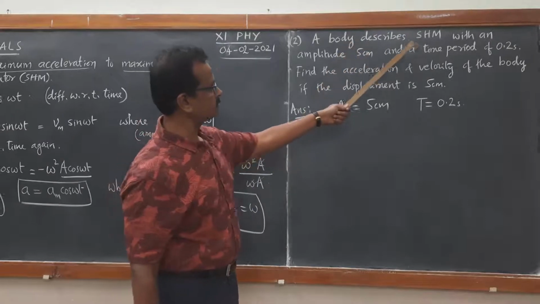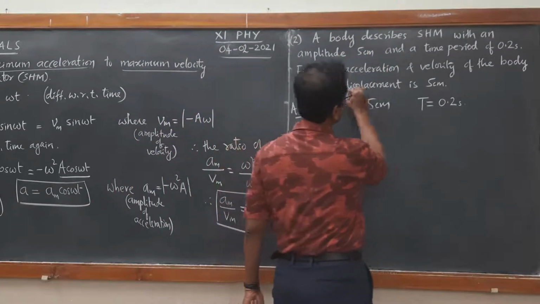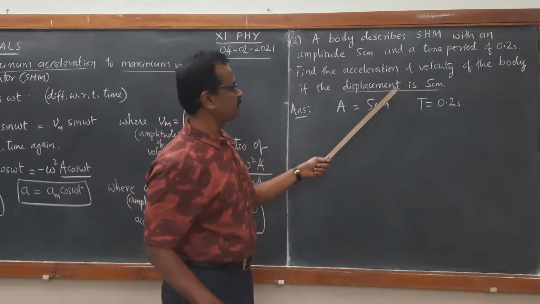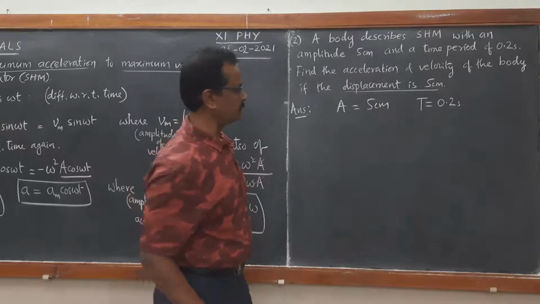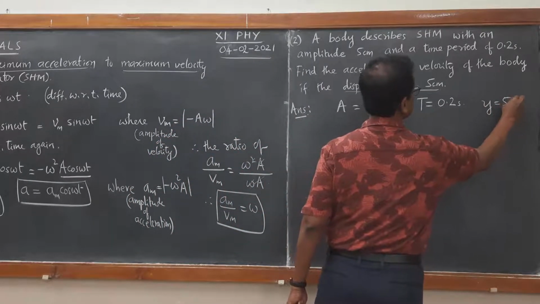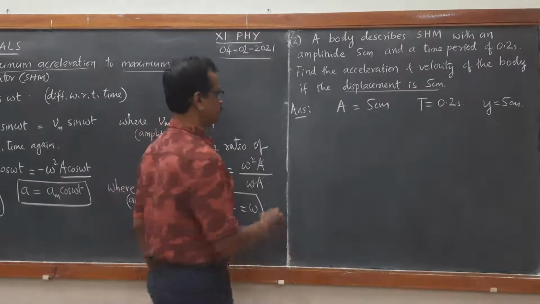So it describes simple harmonic motion, and what is the value of acceleration and velocity if its displacement is 5 cm? First, let us write the equation for displacement.